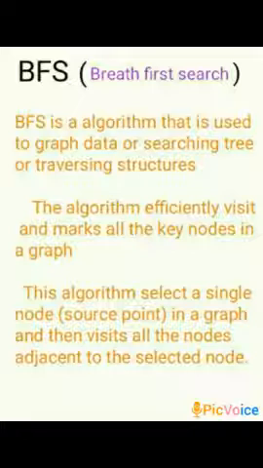That source node could be anything, from the end or from the middle, from the starting or initial node. You can take any one of them as a source node, but the process should start at that source node, and from that source node you will visit the adjacent nodes and mark the source node as visited.